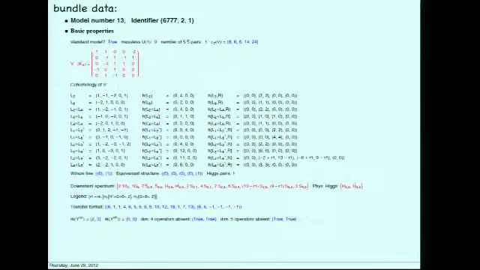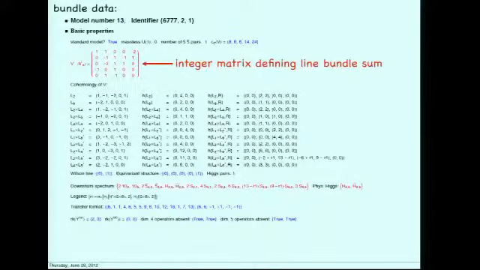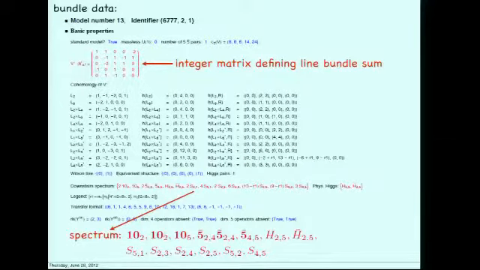This is the data that defines the bundle. This is the bundle integer matrix I kept talking about. Don't worry about most of the rest, which is the detailed cohomology calculations, but the most important line here is this one, which is the spectrum. And you can see in this particular case, well, we have 3 10s, of course, as we should, but 2 of them have the same charge, the third charge is different, and there's a similar pattern for the 5 bars.